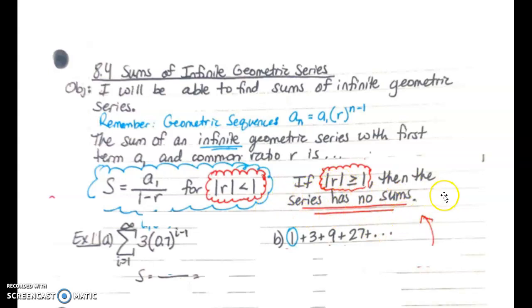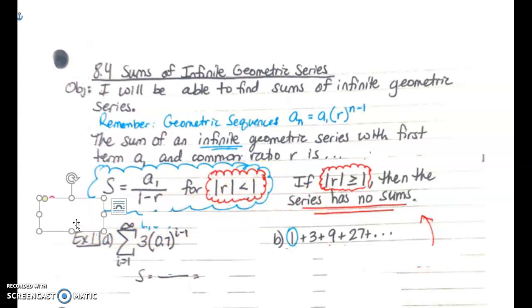They're getting smaller and smaller, so you can actually come to an asymptotic sum. If our ratio is bigger than 1, our numbers are getting bigger and bigger, and therefore we won't be able to get a sum. So we want to make sure that we pay attention to the r.